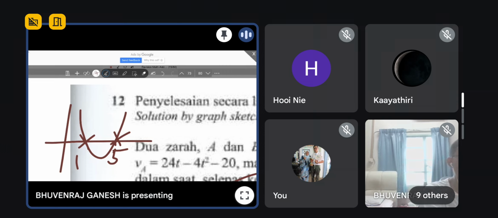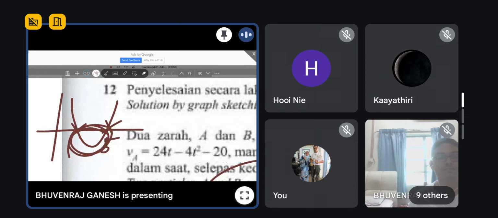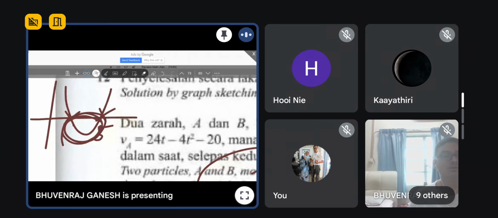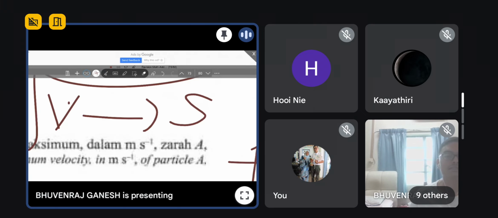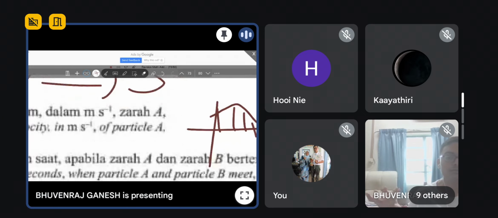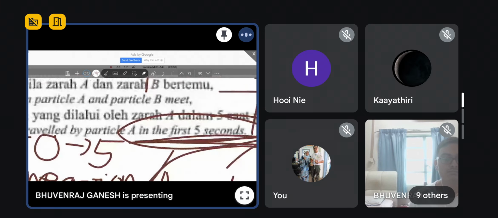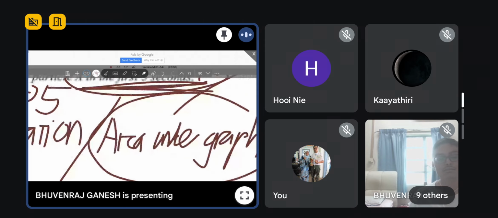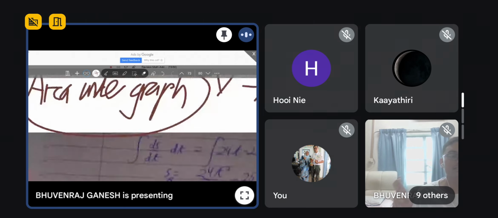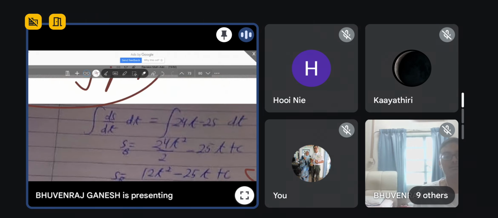So guys, do you notice this region or not? Bila kamu kamirkan, kamu sebenarnya tengah kamirkan kawasan negatif. You are integrating a negative region. Negative region akan dapat negative area. Betul? Common sense lah.